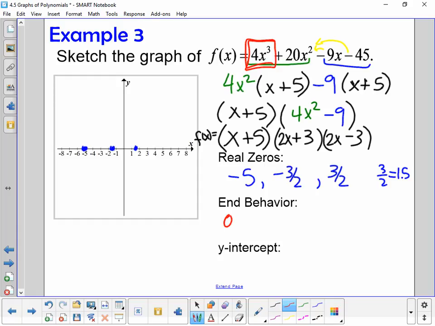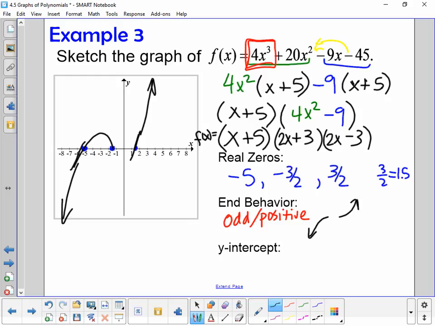So this is an odd power, and it has a positive leading coefficient. So it would have behavior where it's up high on the right, down low on the left. So starting low, going high. So over here, and maybe over here. And there's no multiplicities or anything, so it's just got to simply go through those and then connect in between.